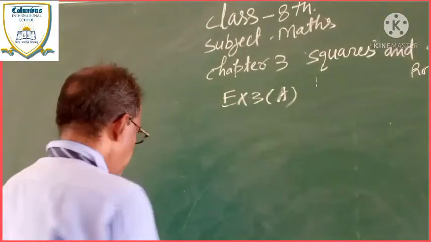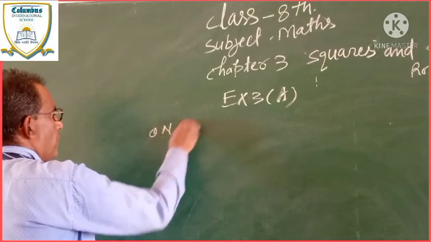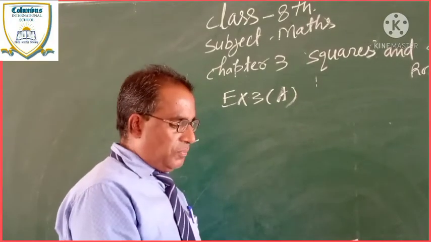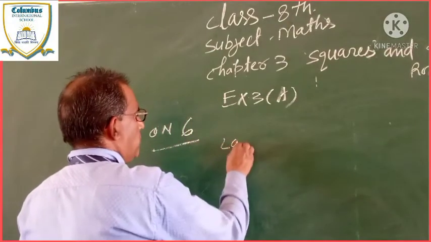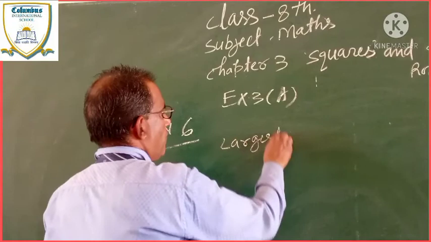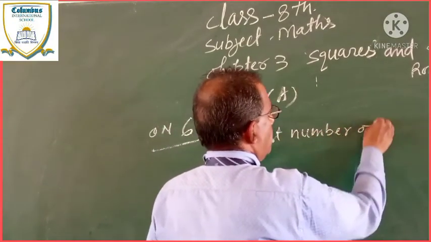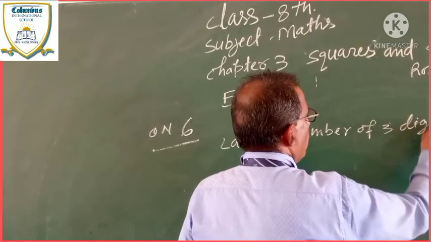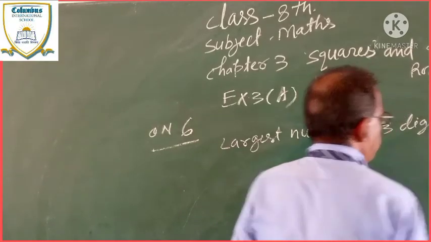Now see question number 6. Find the largest number of 3 digits which is a perfect square. So the largest number of 3 digits equals 999.